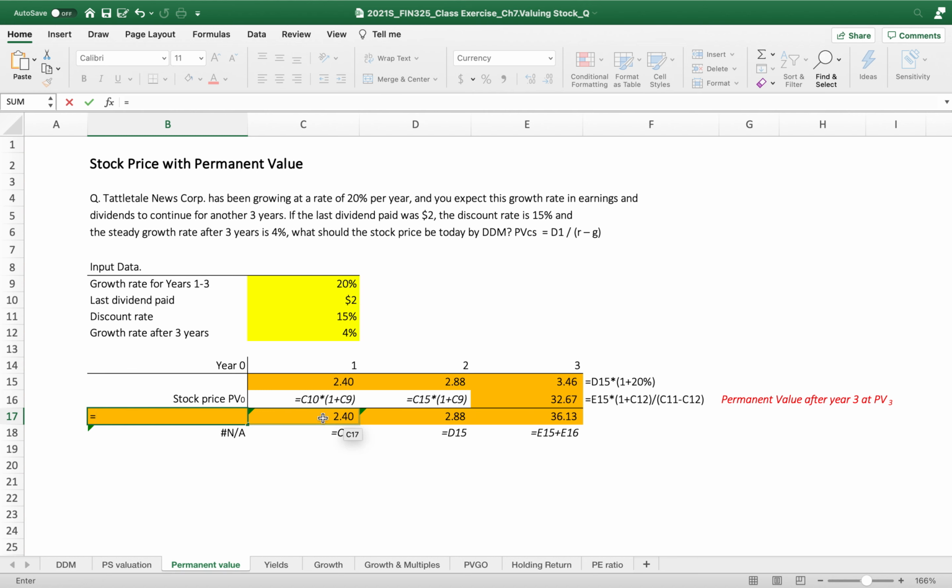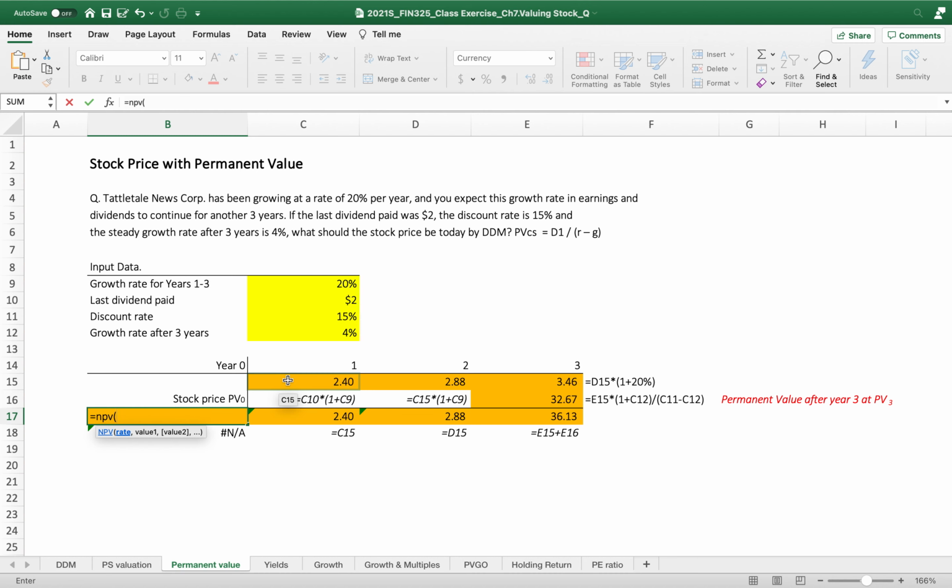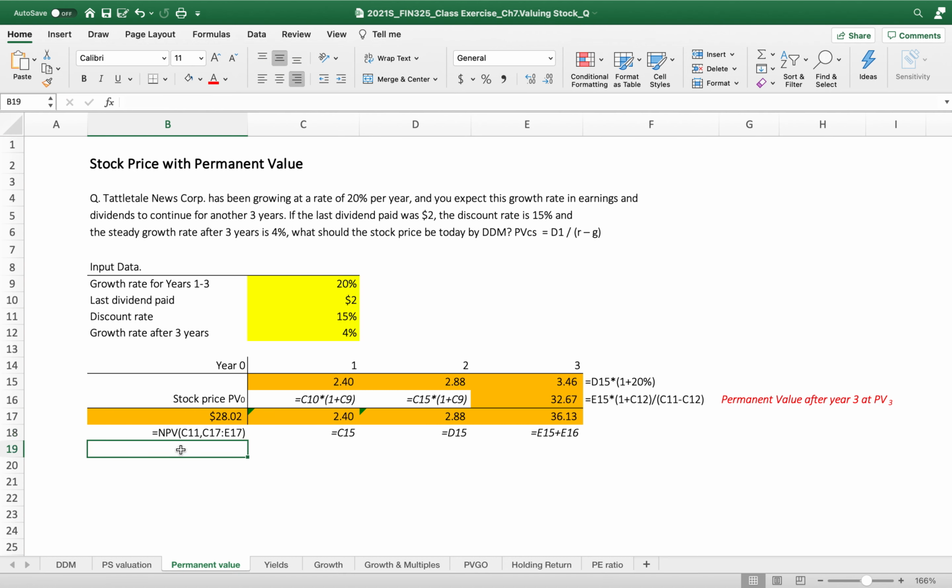Now, these future cash flows should be discounted by this discount rate. So, how to get it? We can simply use the NPV function with the rate, comma, the future values, and then $28.